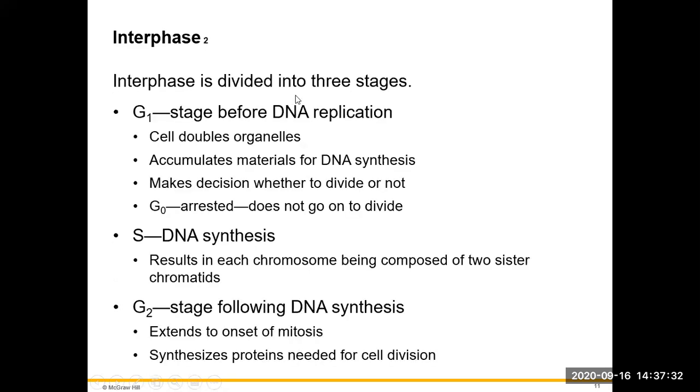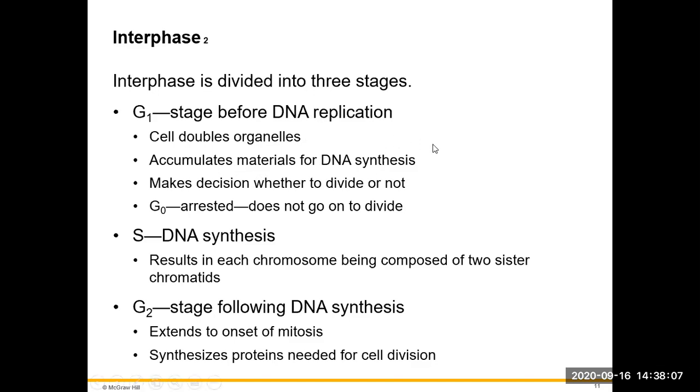Interphase is divided into 3 stages, G1, S, and G2. G0 is only when the cells decide not to go through the cell cycle. Okay, G1 is the stage before DNA replication. In G1, the cell doubles its organelles. It doubles its mitochondria, it doubles its endoplasmic reticulum, everything except the DNA.